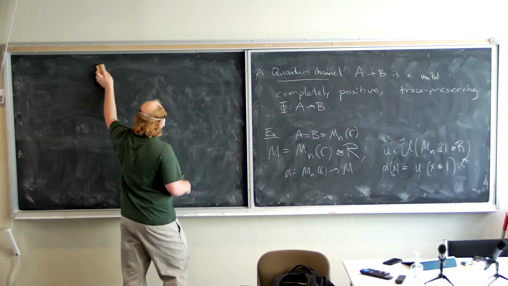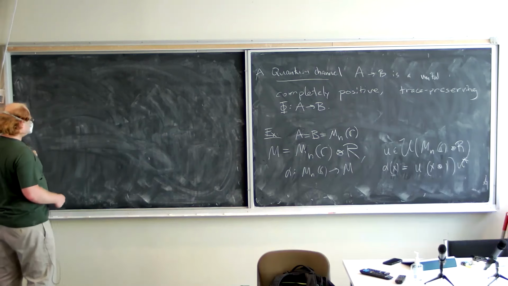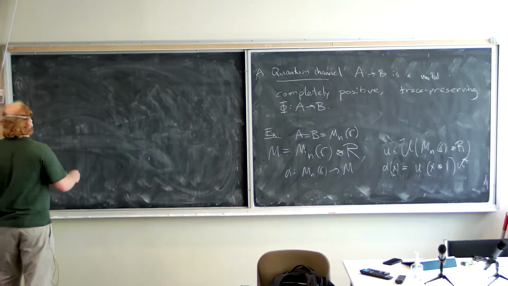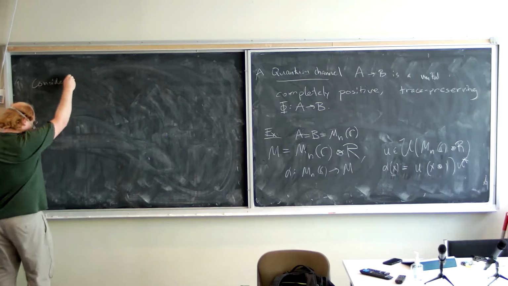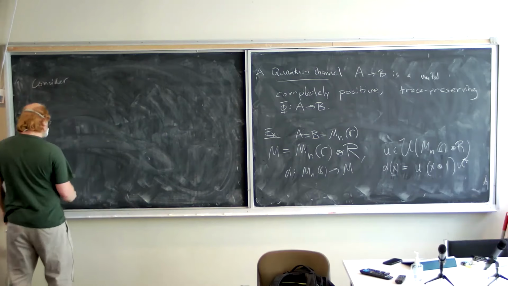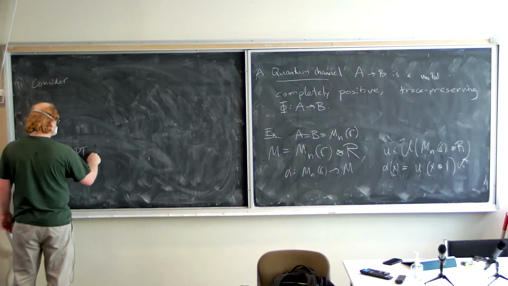So anyway, you can have different classes of factorizable maps, right? So you consider, say, unitary, completely positive, and trace preserving maps.